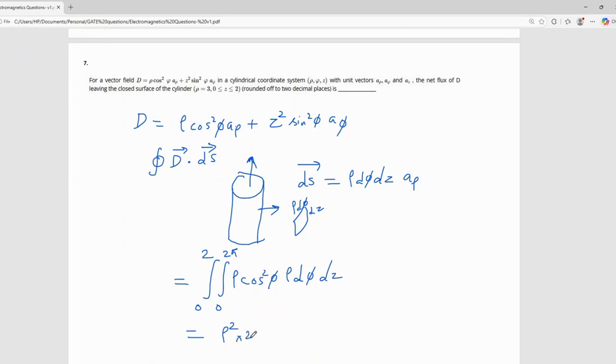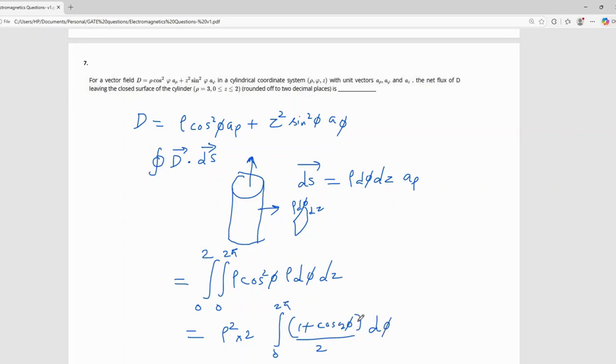That gives me 2, and I integrate cos squared phi from 0 to 2 pi. Actually, cos squared phi can be written as (1 plus cos 2 phi) by 2 d phi, from 0 to 2 pi.